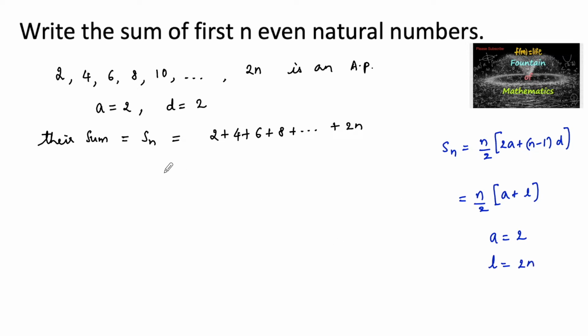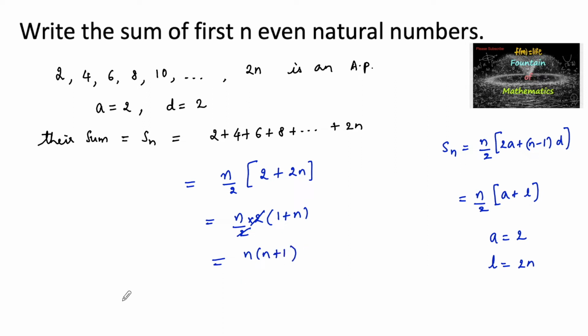Let us substitute: n upon 2 times first term 2 plus the last term 2n, or we can take 2 common, 1 plus n, and here we can cancel 2 and 2 and write n into n plus 1.